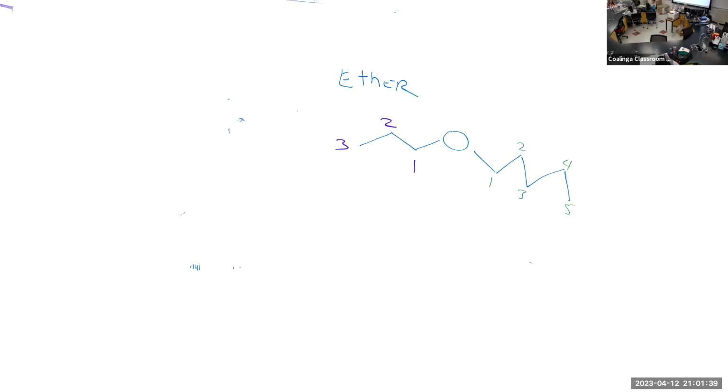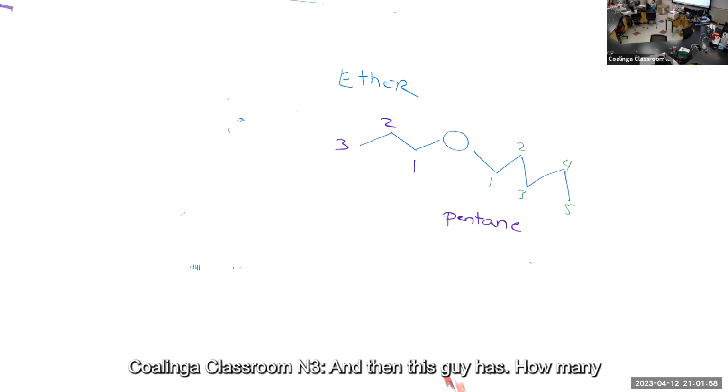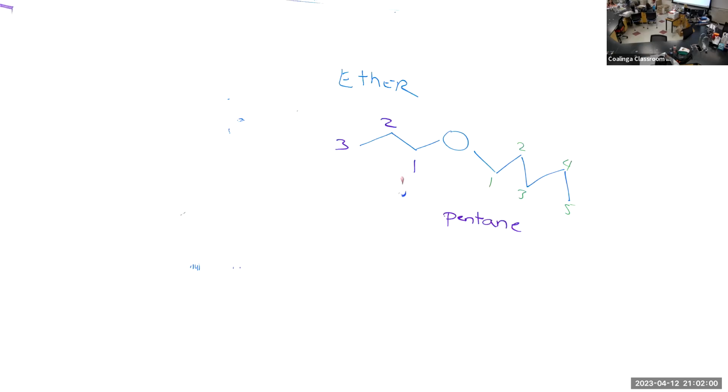That's going to be the last name, and then we call it 5 carbon chain. It's all single bonds. So we're going to say pentane. Okay, and then this guy has how many carbons? 3.